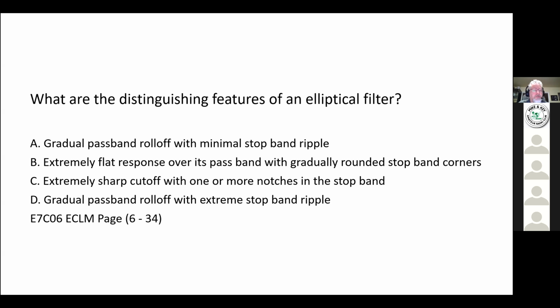C, extremely sharp cutoff with one or more notches in the stopband. Or D, a gradual passband roll-off with extreme stopband ripple. Charlie is correct. Extremely sharp cutoff with one or more notches in the stopband.